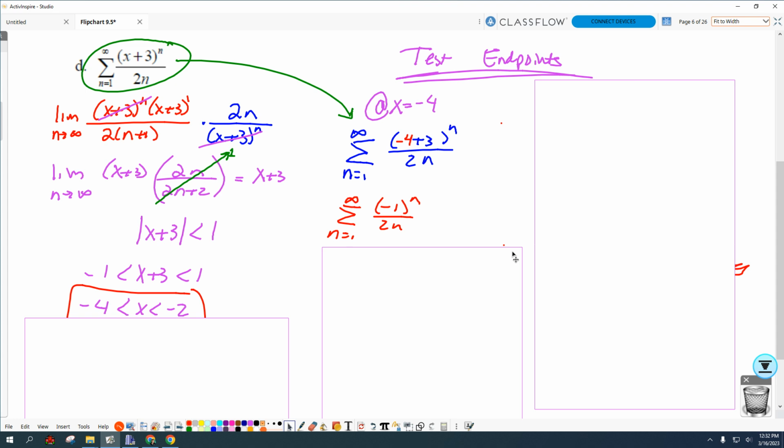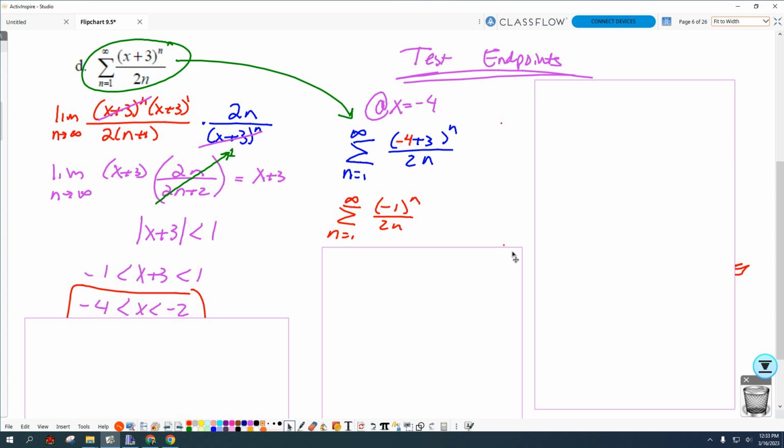Because that goes to... But it's a -1 to the n. It's not really just 1. Right. So does it converge by p series? No. Does it diverge by p series? Arjun, what would you say? Probably would diverge. By p series, we have a problem.